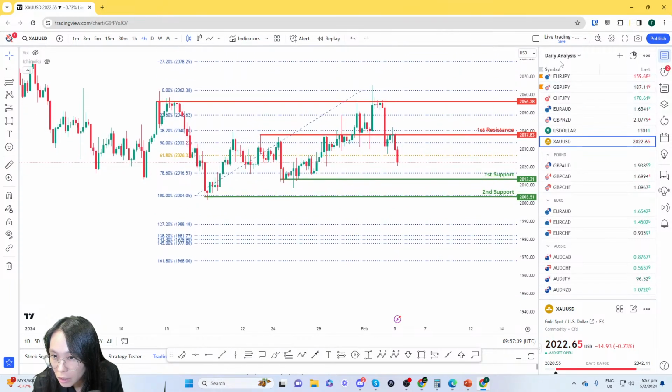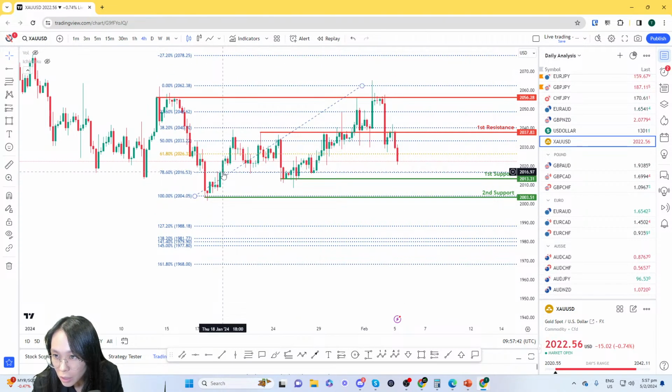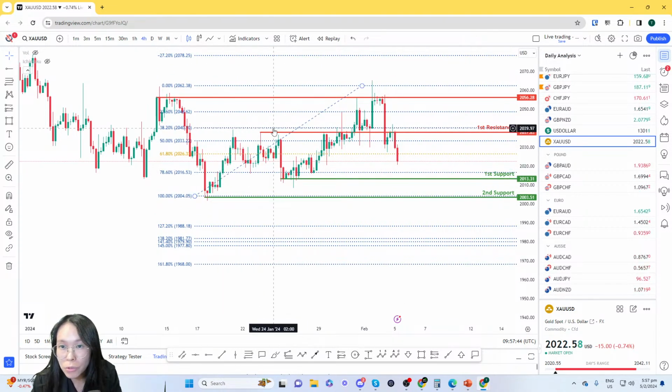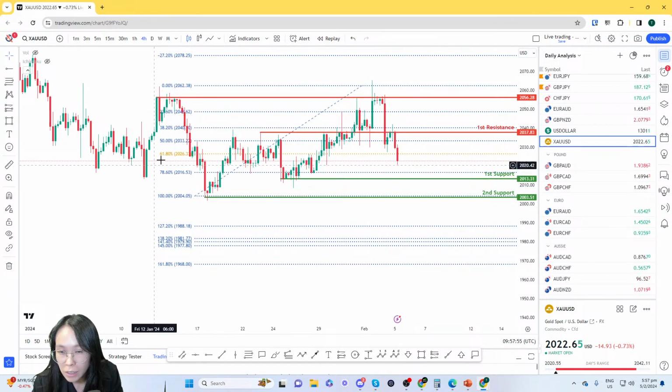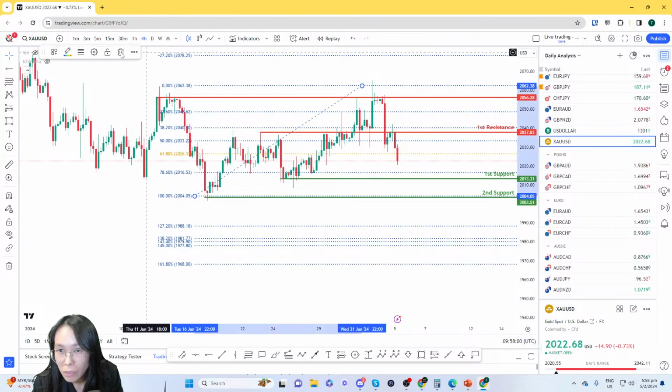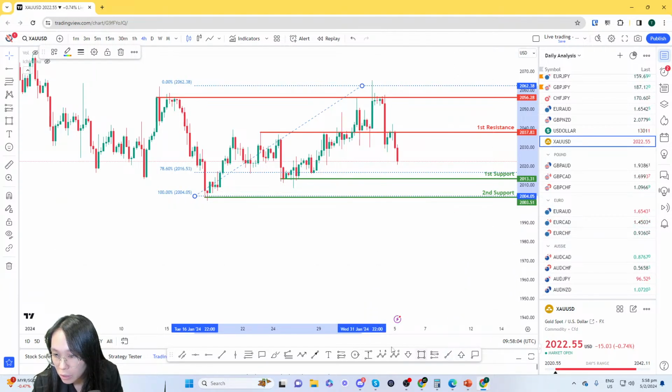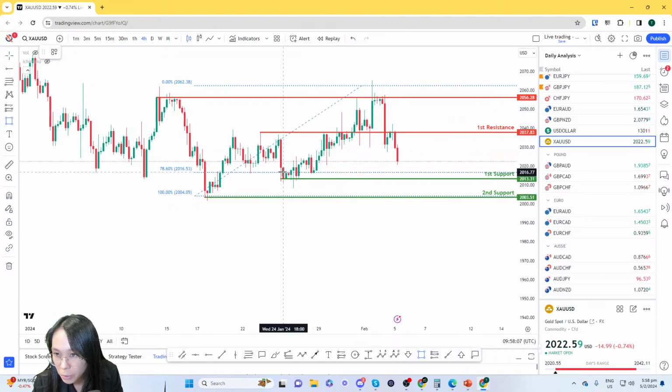I drew my Fibonacci retracement from the daily chart because there wasn't a suitable one. From the daily chart, I can see that there is a 78.6 retracement that aligns with our first support. So price could probably retrace all the way to this area.